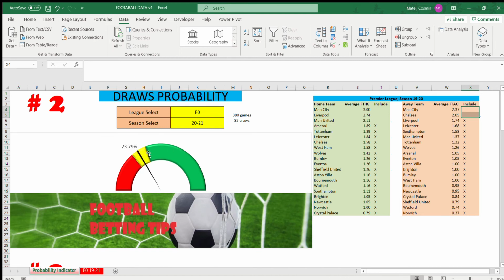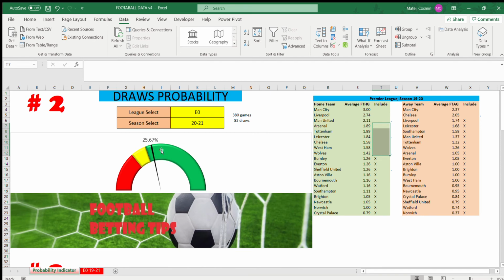This is almost 24% just by excluding these 5 teams. What do we want to get, because a home team has more impact in a draw outcome. So I will be getting lower to above 1.3 goals per game and exclude these teams. And then refresh the formula again.